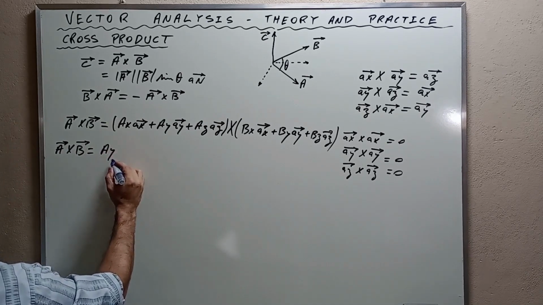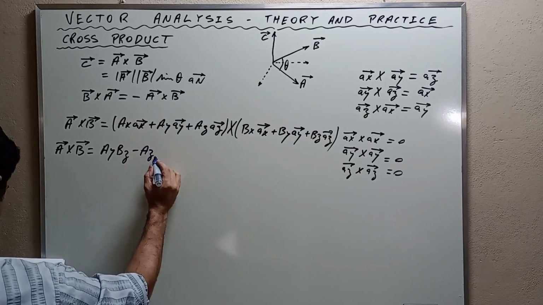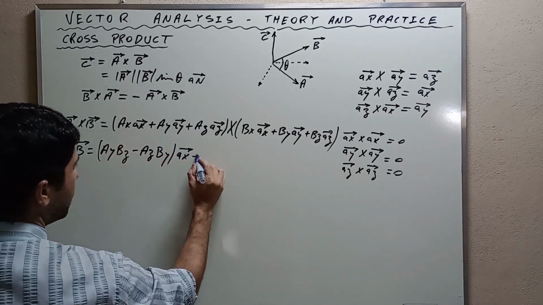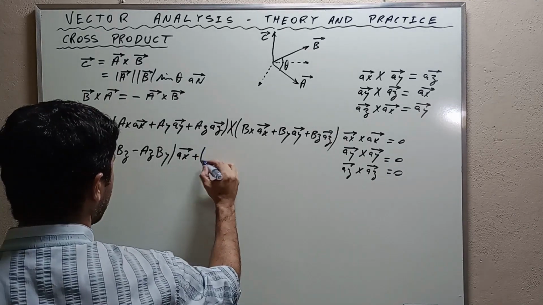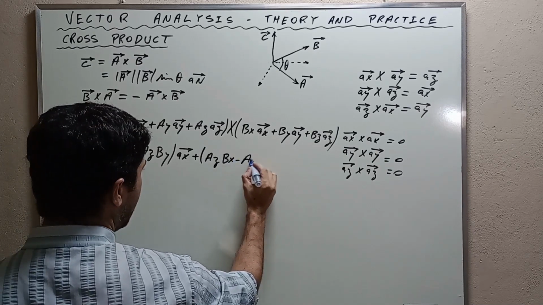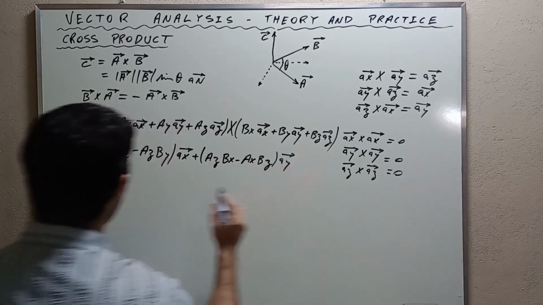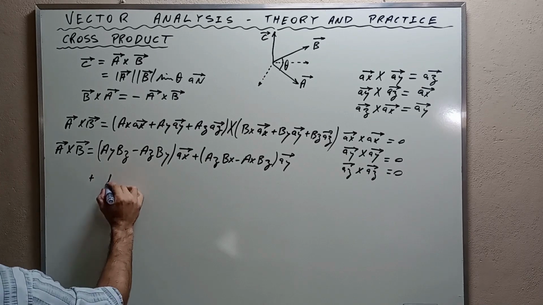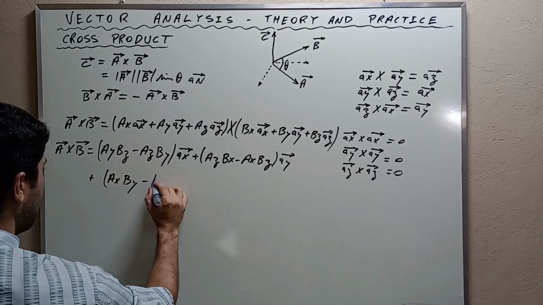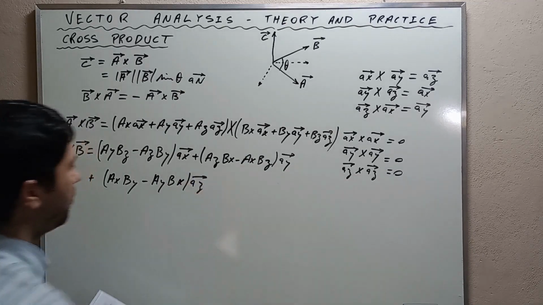It is going to be a vector of the kind AY BZ minus AZ BY in the x direction, plus AZ BX minus AX BZ in the y direction, plus AX BY minus AY BX in the z direction.